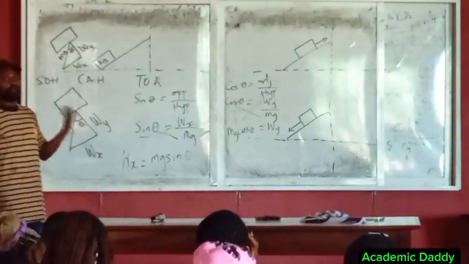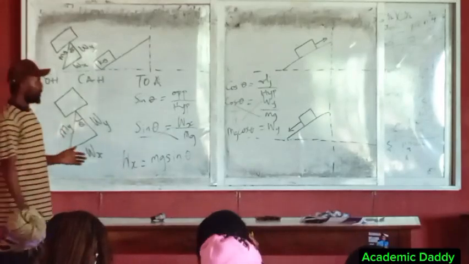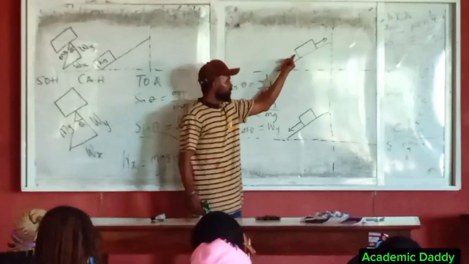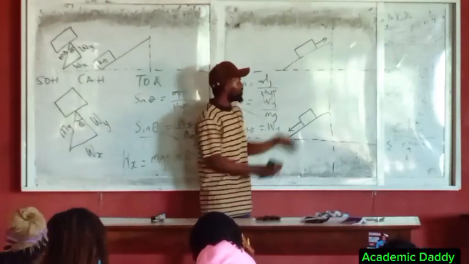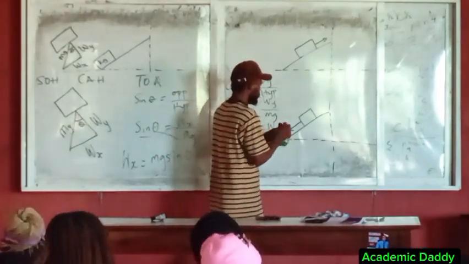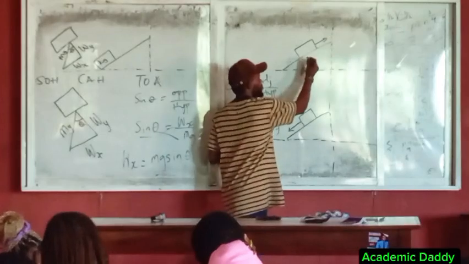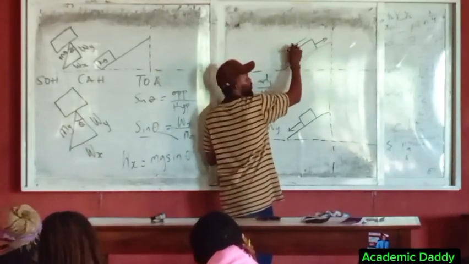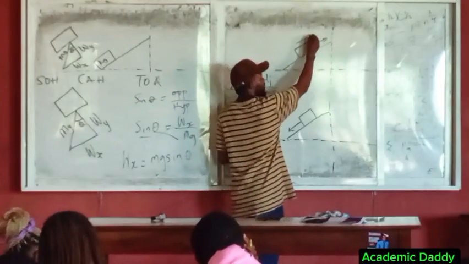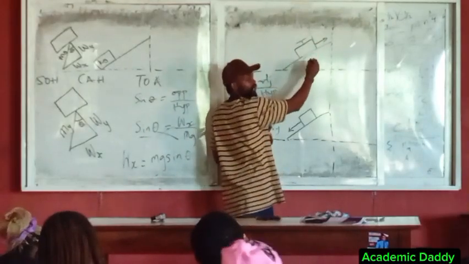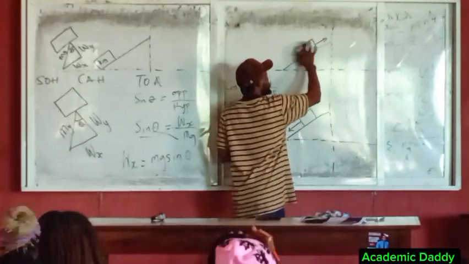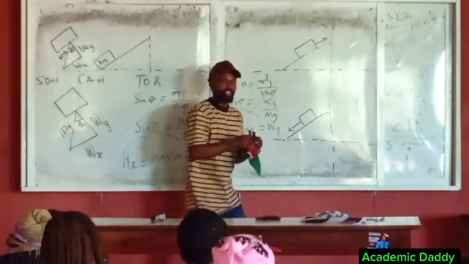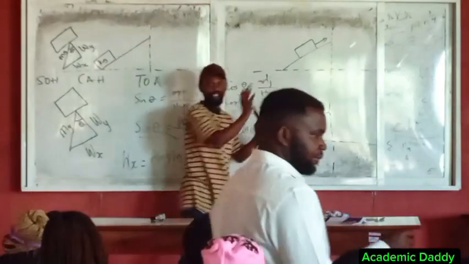Alright. So now that we've gotten the Wy and we've gotten the Wx, the next thing we need to ask ourselves is what a body on an inclined plane does naturally. As this body is here, let's say you remove your hand from it and they are not applying any force to this thing. Remember that anything going this way is x, and anything going this way is y. So if there's no force applied to this body and you put it here, which direction would it want to go?